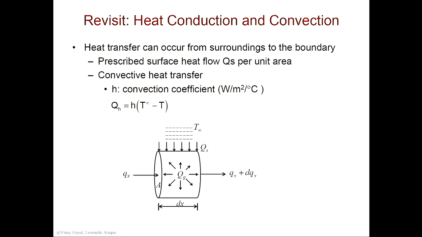And I cool it in water. That's a convection problem because now the water is at a cooler temperature and you have a heat transfer occurring from here to the surroundings. Is that correct? So that's called heat transfer due to convection.